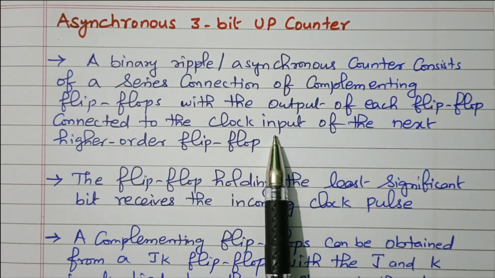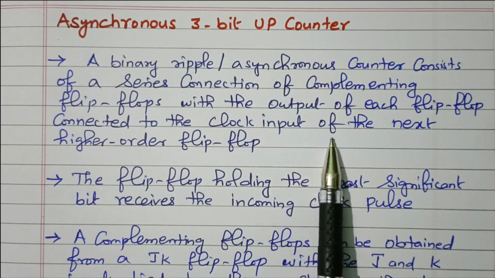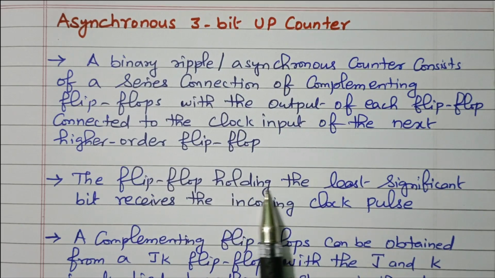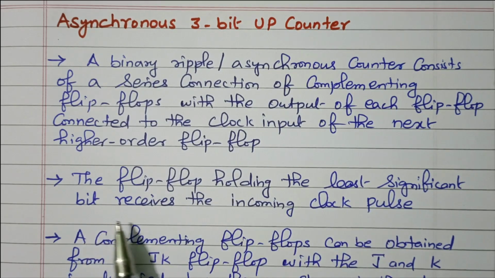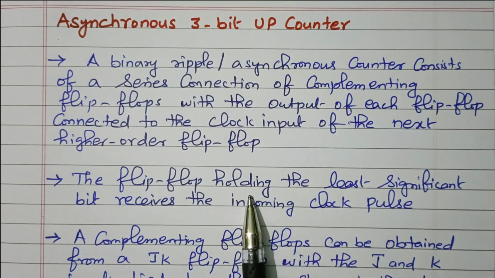The first flip-flop receives the clock pulse. The output of the first flip-flop is connected to the clock pulse of the second flip-flop, and like that, so it is given to the next higher order flip-flop. The flip-flop holding the least significant bit, the LSB, receives the incoming clock pulse.